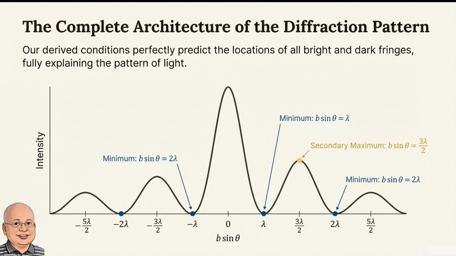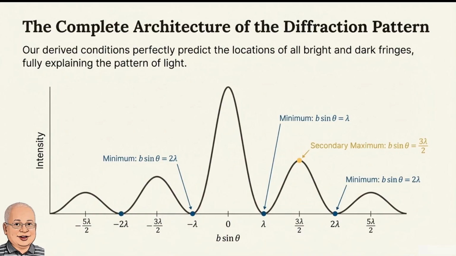So how will the diffraction pattern look? If we draw intensity on the y-axis and b sin theta in terms of lambda on the x-axis, at the center we will have 0.